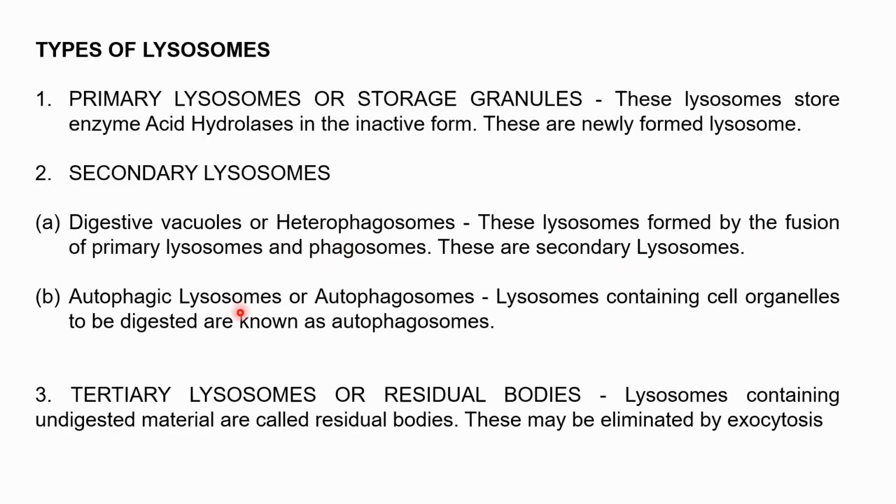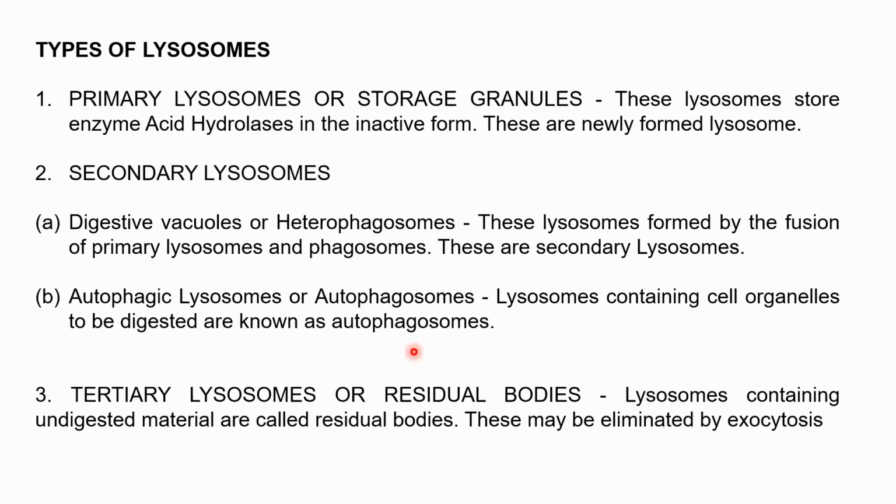And the second one is autophagic lysosomes or autophagosomes. These are lysosomes containing cell organelles to be digested. When the lysosome contains cell organelles to be digested, it forms the autophagosome.